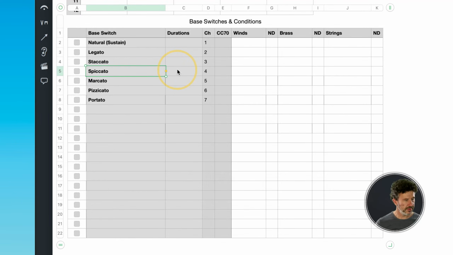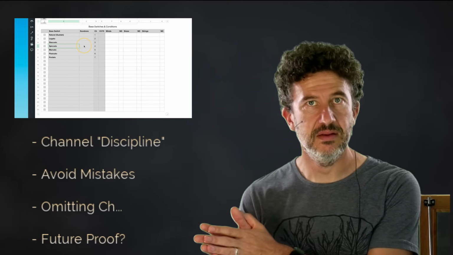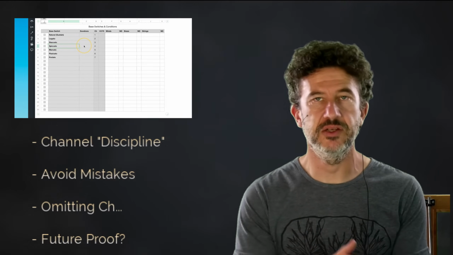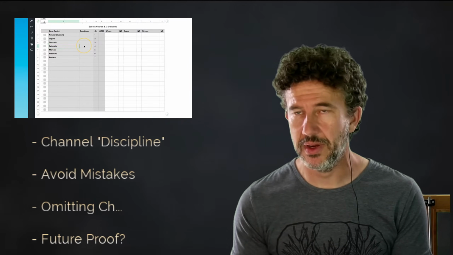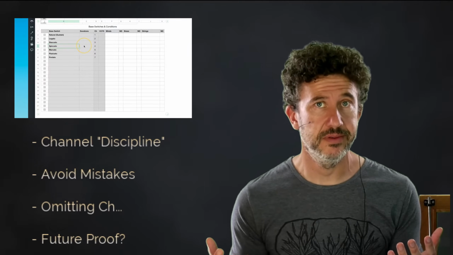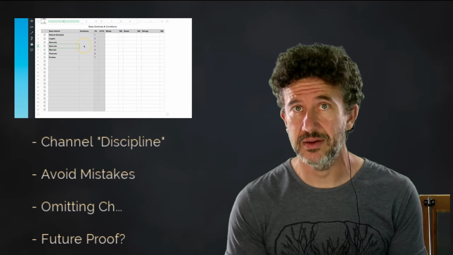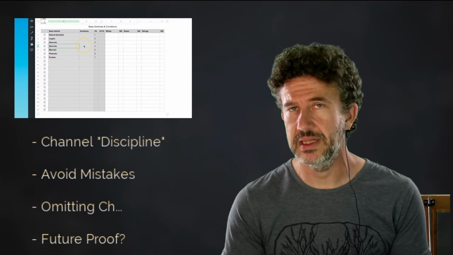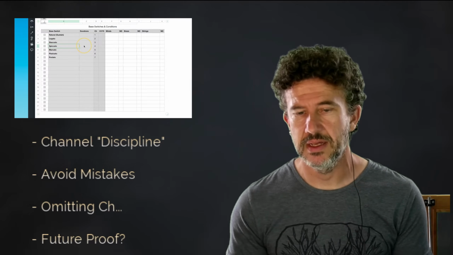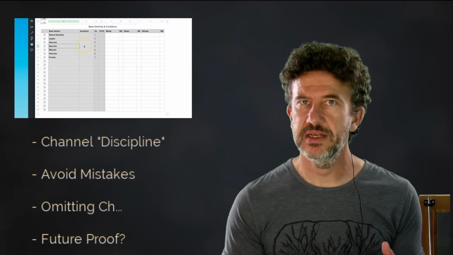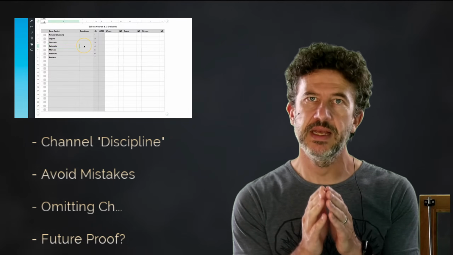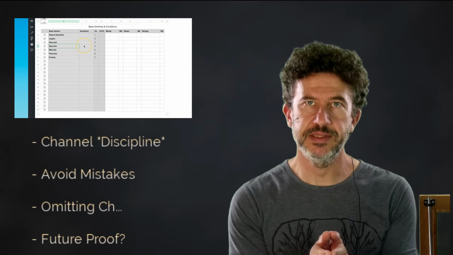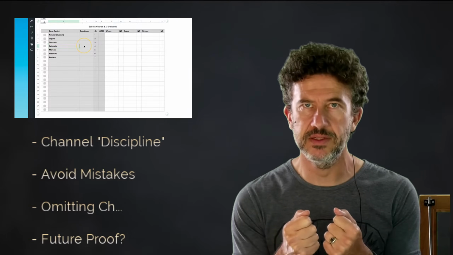Is it a problem that you have to omit one of these channels, like for spiccato being on channel 4, and you just don't use that on brass or winds or percussion? Is that a problem? In my personal experience, no. It's pretty amazing that it's not a problem because you'd think 16 channels would be really limiting. So far, I haven't found it is. As long as part of that channel discipline is also that you're really only assigning bass switches and channels to really core fundamental articulations.